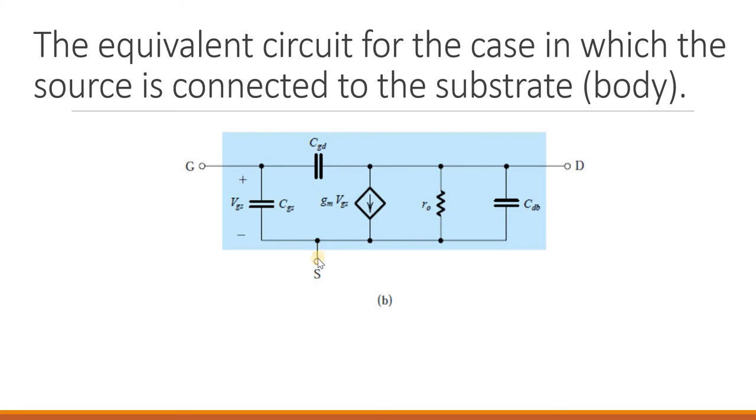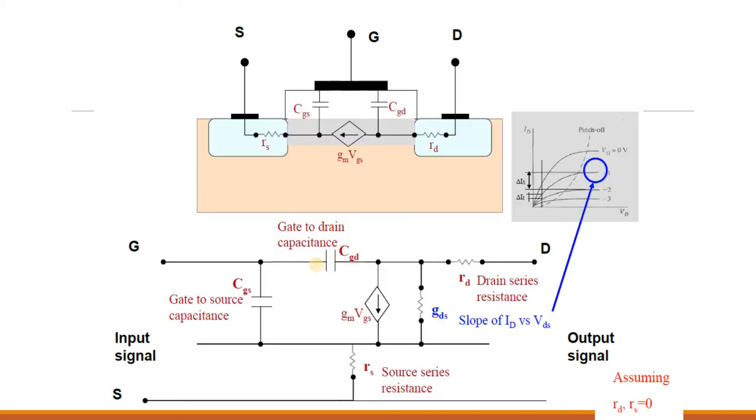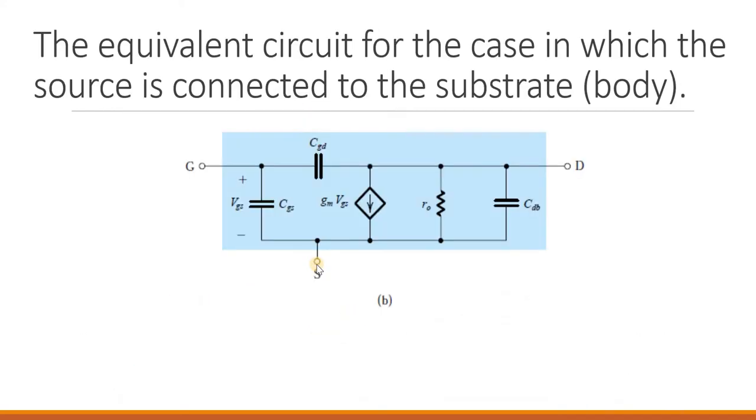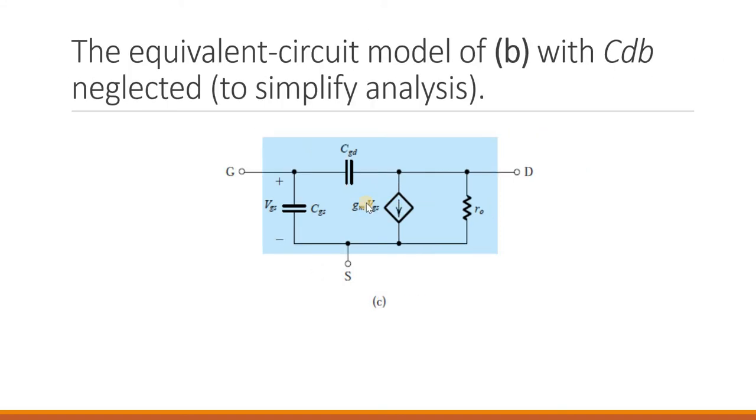So we can avoid one capacitance, that is CSB, because the body is connected to the source only. It is not shown over here. So CGS, CGD, CDB and R0 are included, and GM into VGS is included.